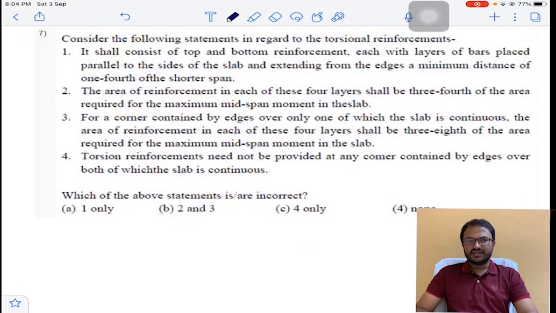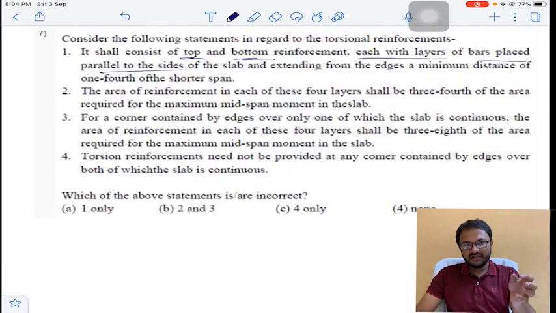reinforcement. So coming to first statement, it shall consist of, what is this here? Torsional reinforcement consists of top and bottom reinforcement, that is, each layer of bars placed parallel to sides of the slab. So all the layers, the reinforcement shall be placed parallel to sides of the slab and extending from edges to a minimum distance of 1/4.